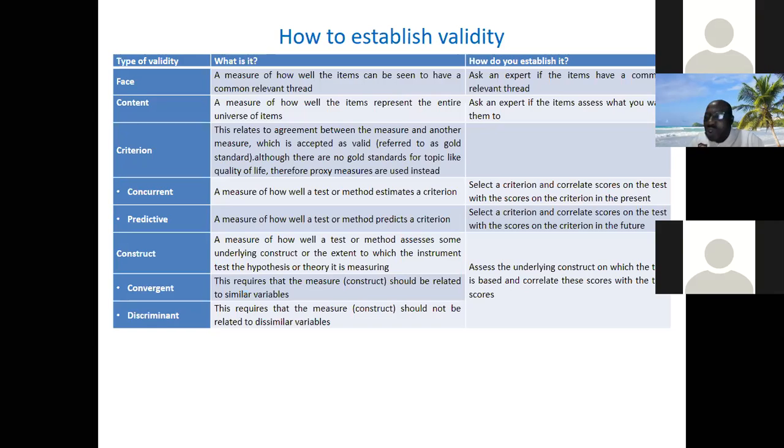For example, if you are saying you are measuring quality of life of people with HIV, the instrument, to really validate that, is it actually measuring quality of life of people living with HIV? So you can do discriminant construct validity because quality of life is a construct. Among people living with HIV, some have developed AIDS.